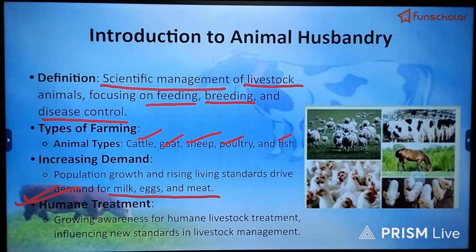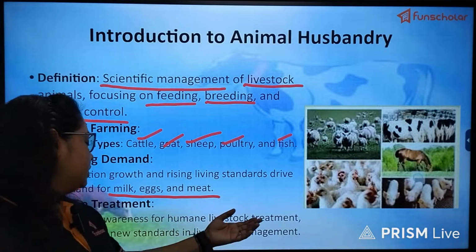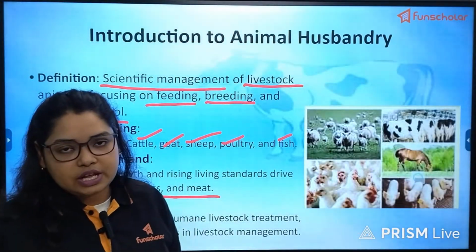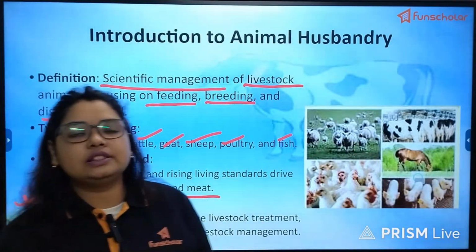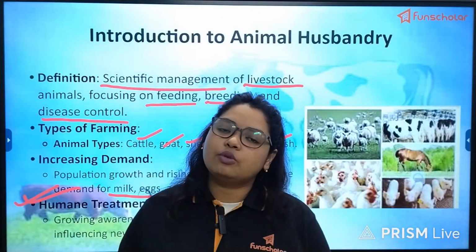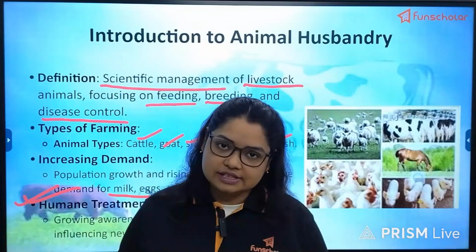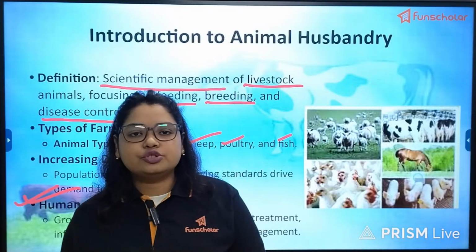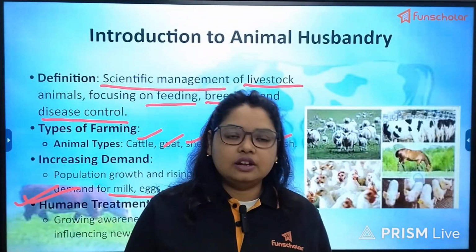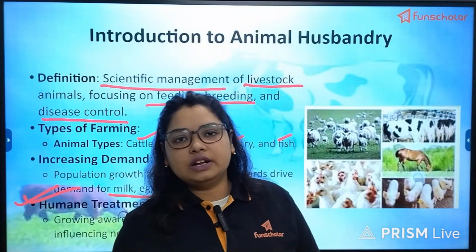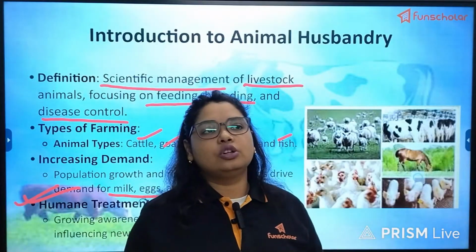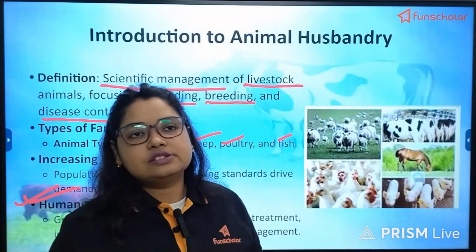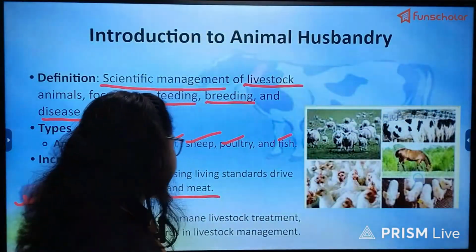There should be growing awareness for humane treatment of the livestock, influencing new standards. When we treat the animals well, their performance as well as the quality of the products that they give will also improve. So we should keep in mind that we are taking away their products, but we should treat the animals in a humane way. At the end of the day they are also killed, but they should not be tortured the time that they are kept in the farm, so they should be properly taken care of.